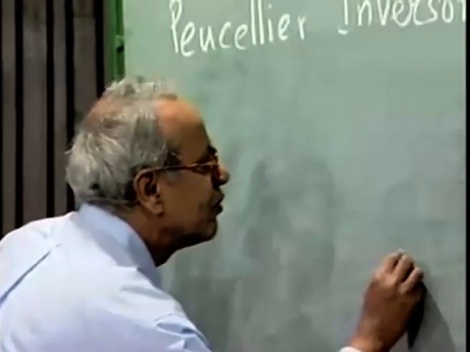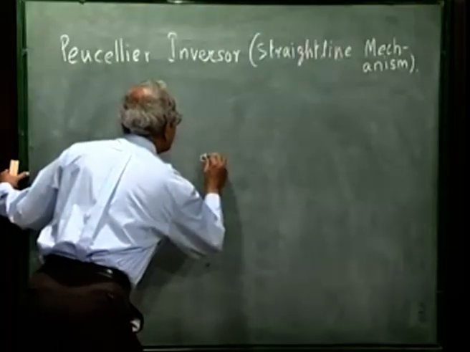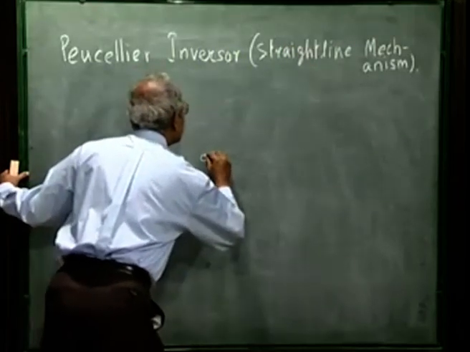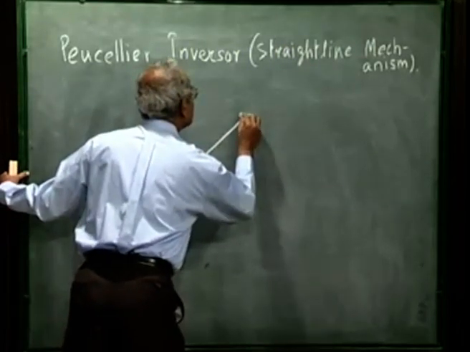To follow this Peaucellier straight line mechanism, let me start with 4 equal links connected by revolute pairs, making a rhombus.